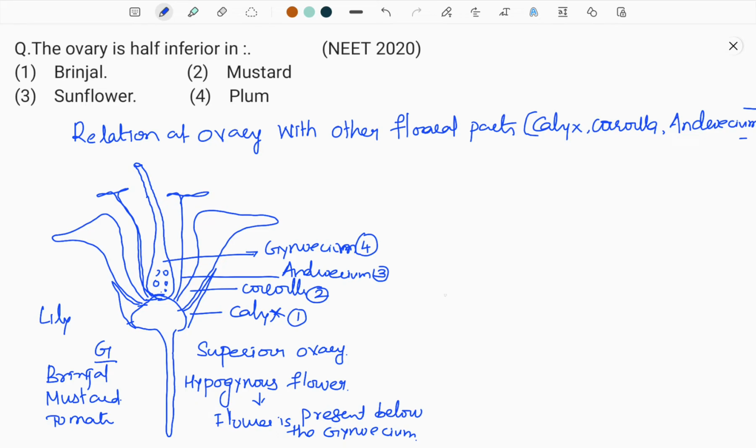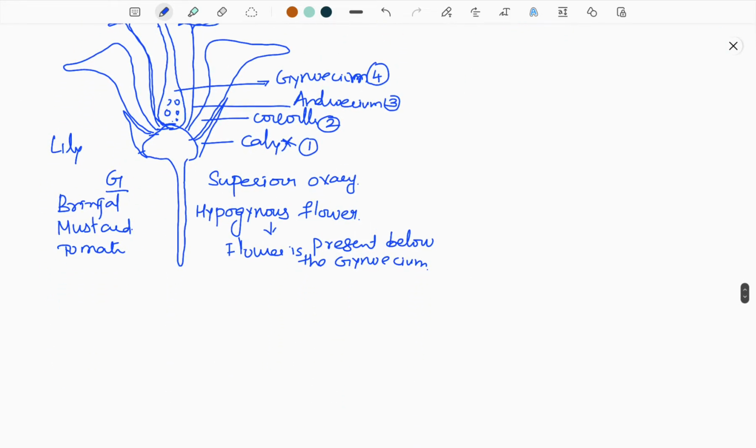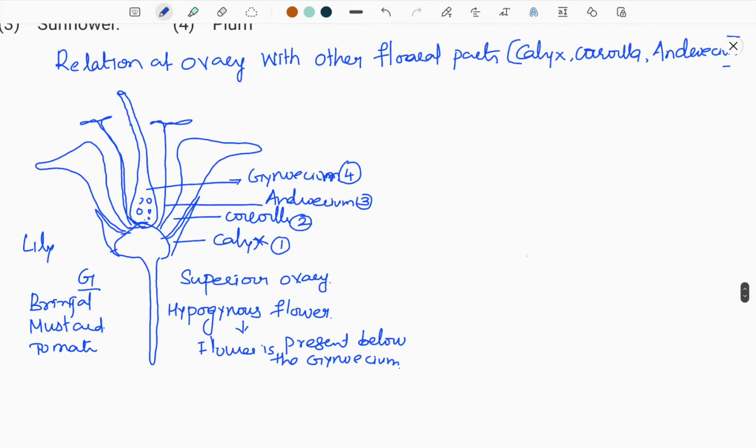Next, the second one. Let me draw a little bit smaller diagram. Again, this is the pedicel, the stalk of the flower, and this is the tip of the pedicel, that is thalamus. The thalamus is not conical, it is something like a cup-like structure, and here you find the ovary.